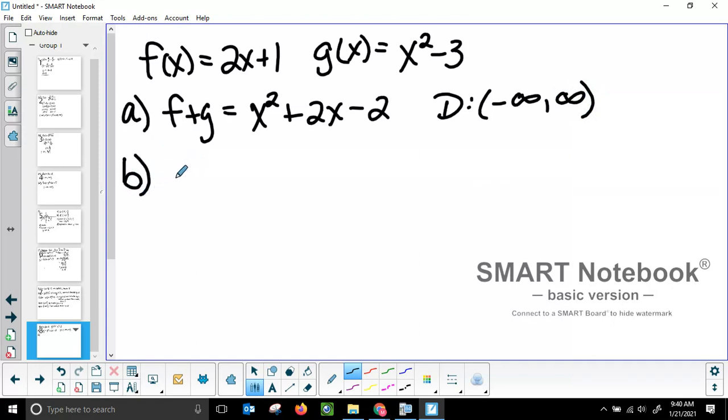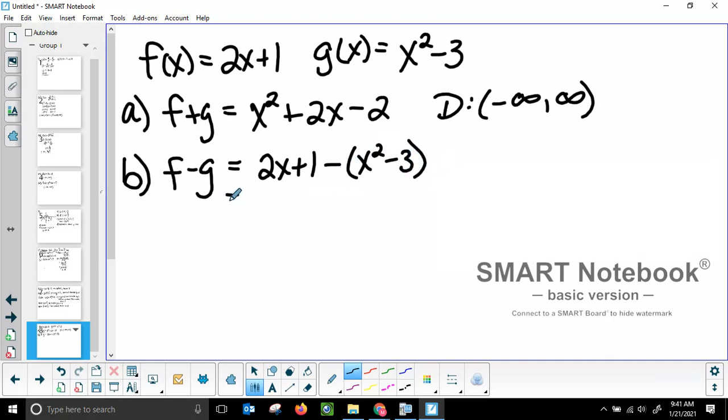B, f minus g. We do have to be a little bit careful here that you put this whole thing in parentheses because we have to distribute that negative to both. A lot of people just subtract the x squared and then still subtract 3, but if you're subtracting a negative 3, you're really adding.